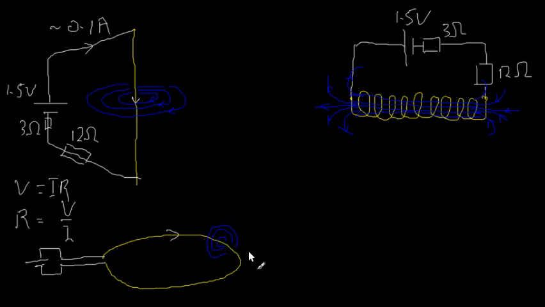So we can apply this to the short section of wire down here. Put your right hand flat against this wire with your thumb pointing in the direction of the current. Then when you wrap your fingers around the wire, you'll find that the magnetic field would go around in this direction.